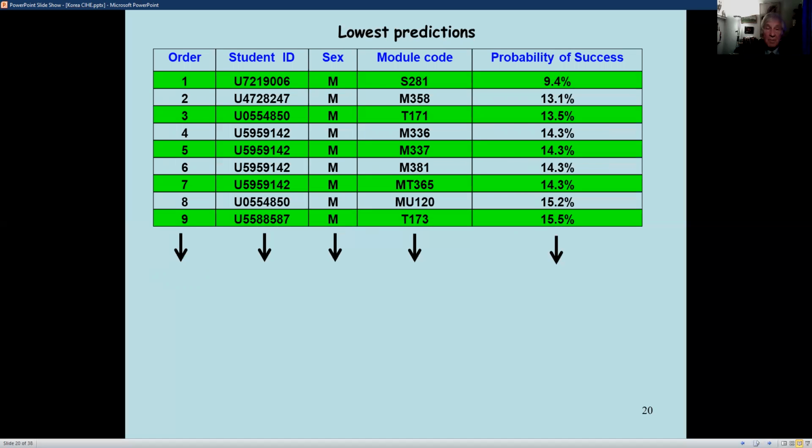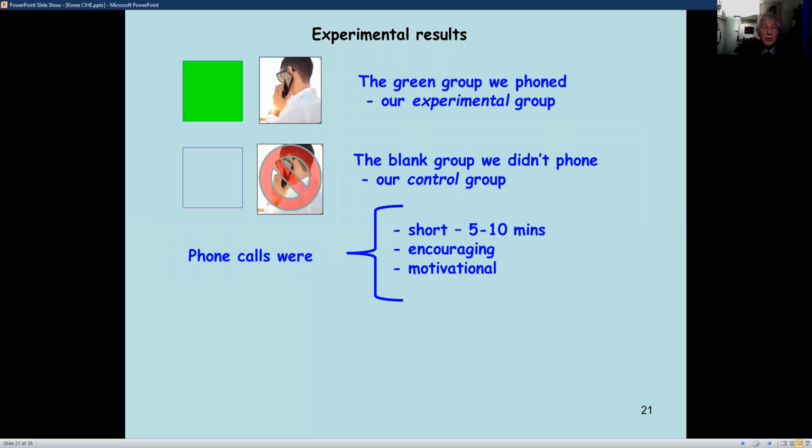And what we did was we treated the green group as our experimental group, and the blank group we left as our control group. We then phoned up the students in the green group. The phone calls were quite short, 5 to 10 minutes. They were designed to be encouraging and particularly motivational.